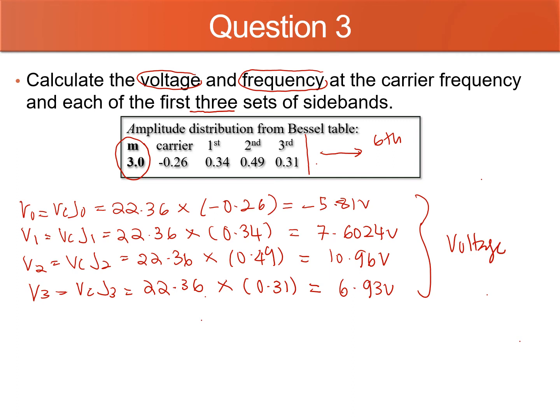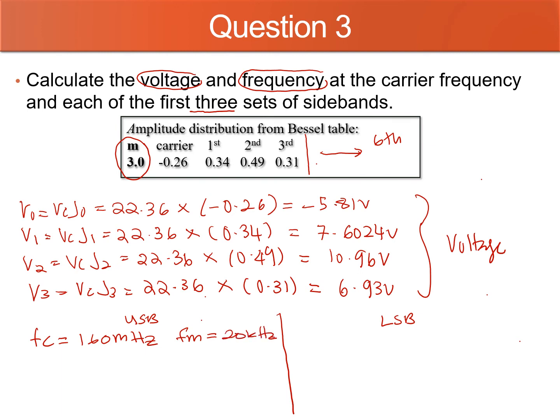So here is the frequency. Let's divide into upper sideband and lower sideband. We know that fc is equal to 160 megahertz and fm is equal to 20 kilohertz.